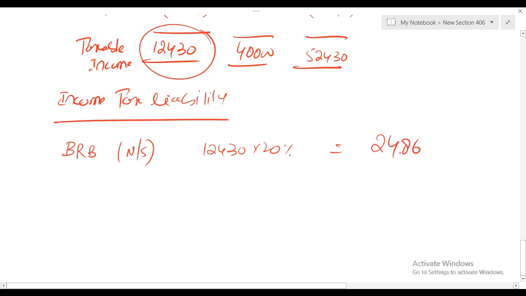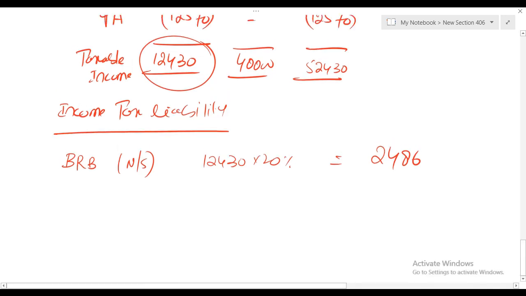Now again, I just need to check whether Mr. X is a basic, higher or additional taxpayer in order to decide the nil rate band for saving income. Look at this amount, 52,430. Since this is higher than the limit of the basic rate band, which is 37,700, this individual is a higher rate taxpayer.